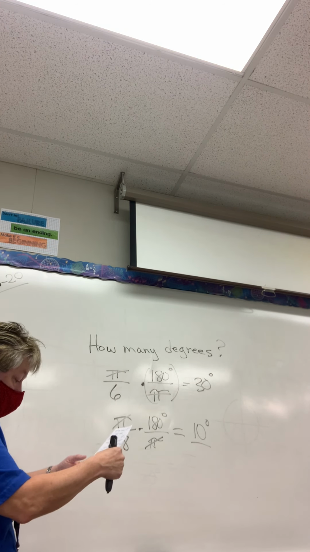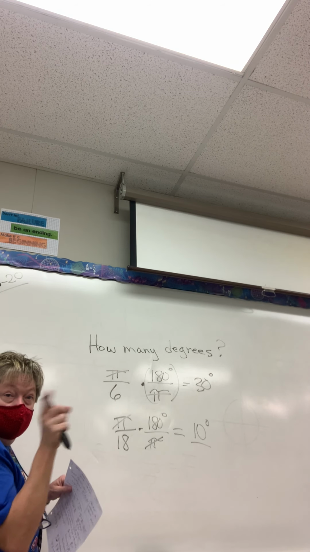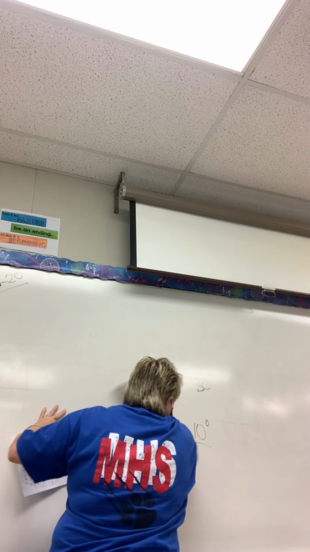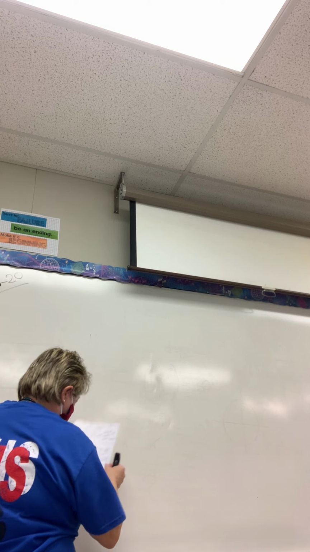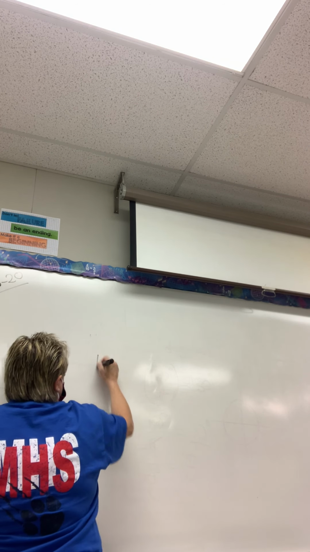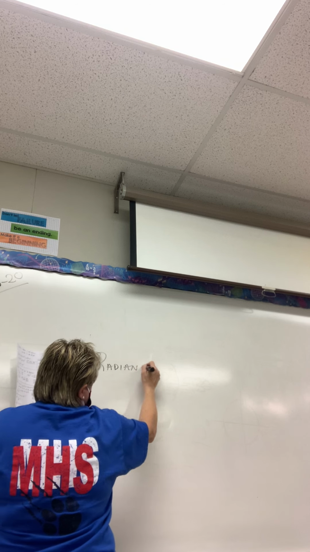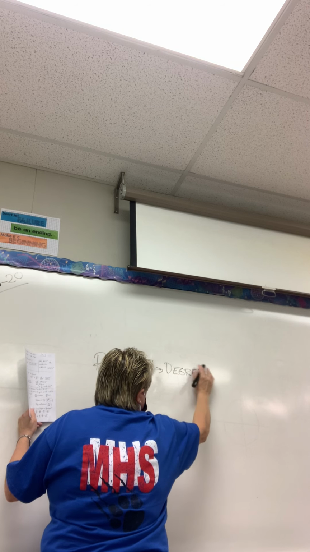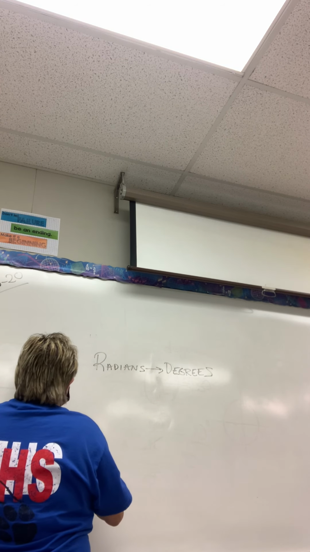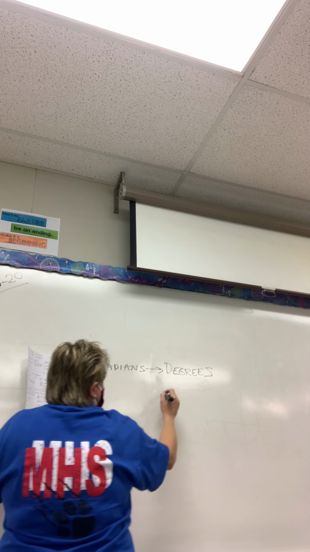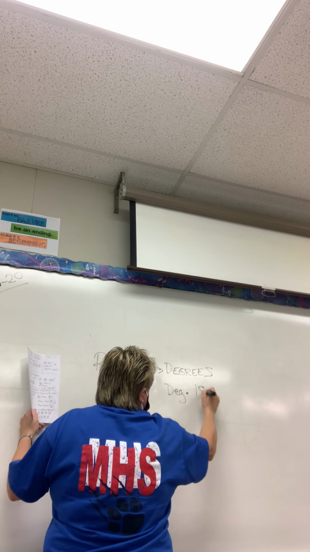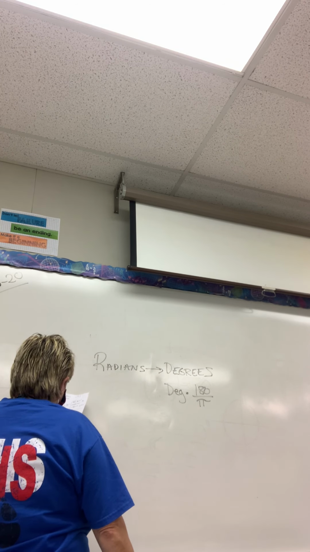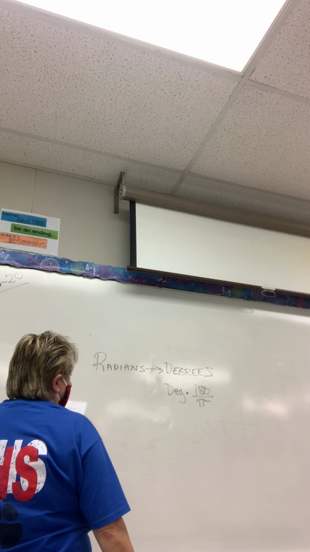If I made a little rule, sometimes you guys like little rules. If I want to go from radians to degrees, then I take the radian times 180 over pi, that gives me a degree.